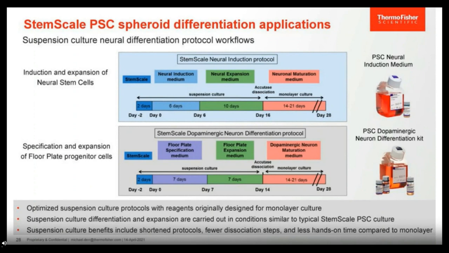These parameters usually need to be optimized for differentiation protocols, so having this guidance really saves a lot of time and gives you a feel for how to do these protocols as well. The suspension culture benefits include shortened protocols, fewer dissociation steps, and less hands-on time compared to the monolayer protocol.